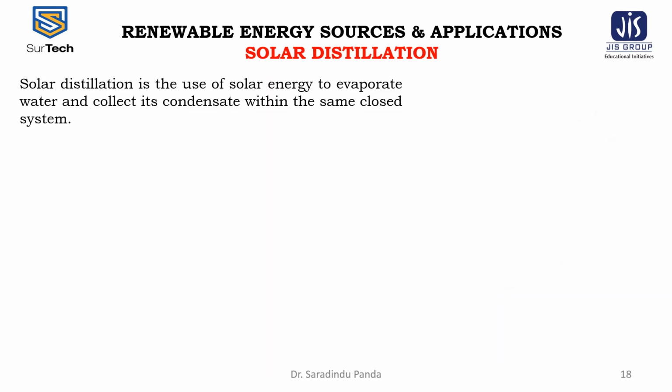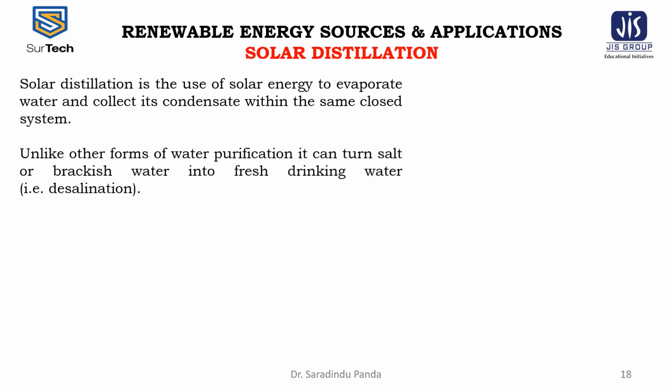Now the solar distillation. Solar distillation is the use of solar energy to evaporate water and collect its condensate within the same closed system. Unlike other forms of water purification, it can turn salt or brackish water into fresh drinking water.